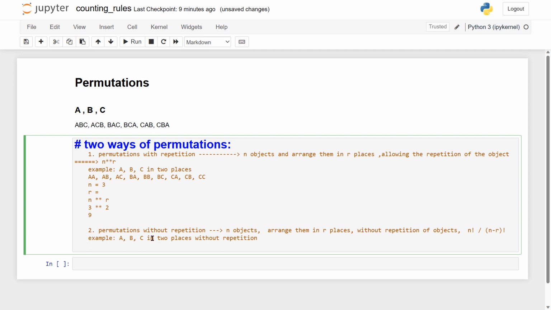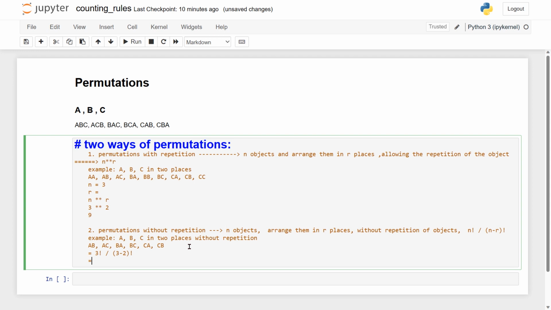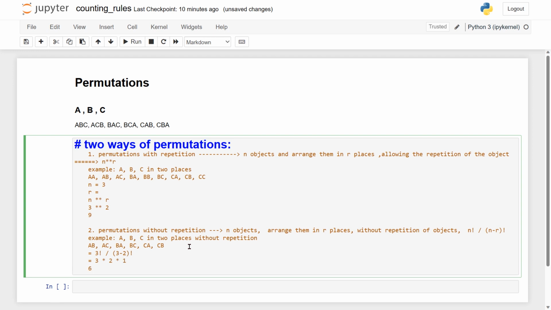So the possible outcomes are AB, AC, BA, BC, CA, and CB, because repetition won't be there. So AA, BB, CC are gone. Now how much did we get? 6. Let's put it into the formula and see. So 3 factorial divided by 3 minus 2 factorial. 1 factorial is 1. 3 times 2 times 1, that's 6. There ends the matter.